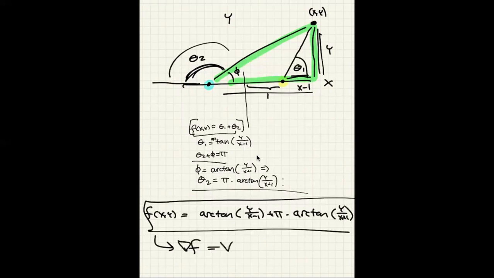Because you know that this function really is not well defined at the blue point and the yellow point. So this is probably a better and more intuitive way to actually see that v is curl free.